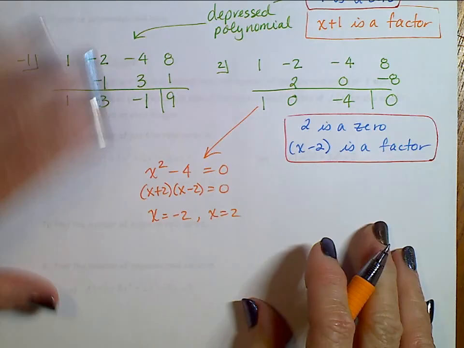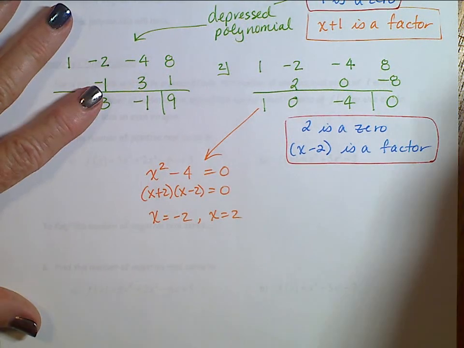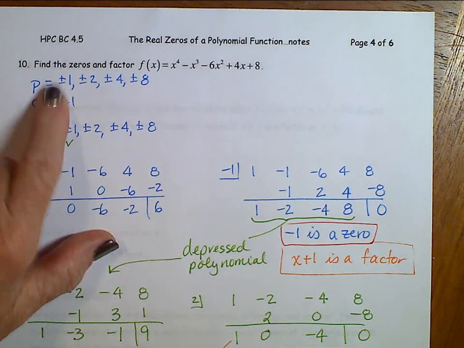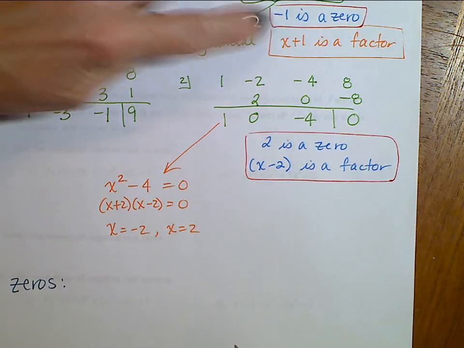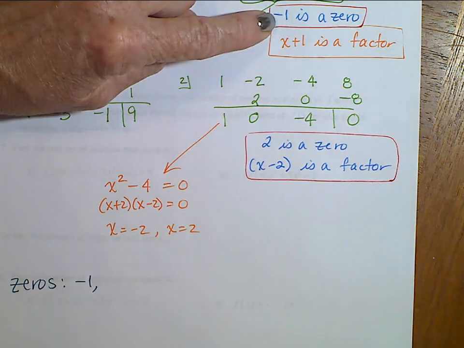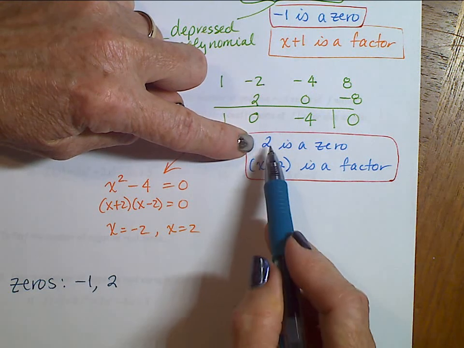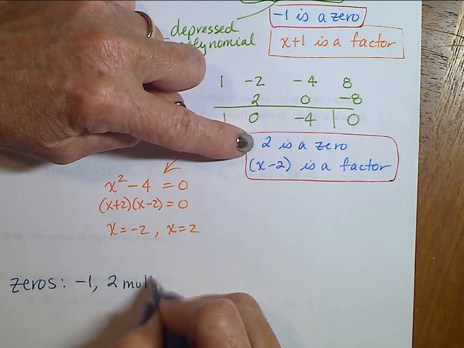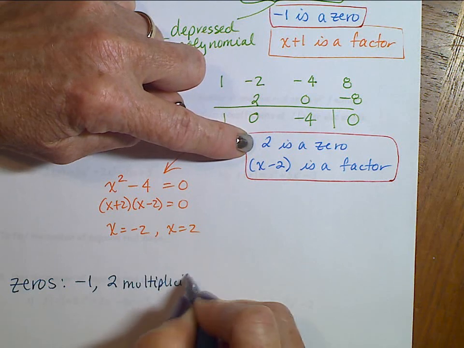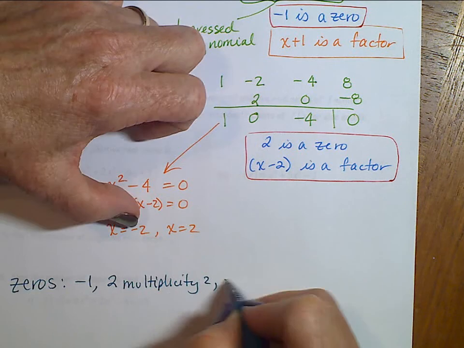So if we line everything out here, our final solution, look back, directions: find the zeros and factor. The zeros are negative 1, 2. Oh, but look at that 2. It showed up here and it showed up there. So 2 with a multiplicity of 2, and we also have a negative 2.